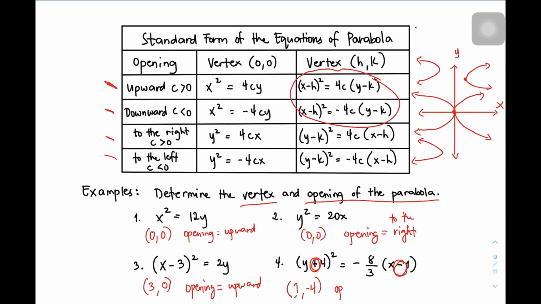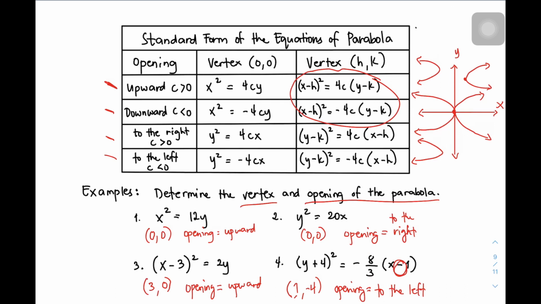And then yung for the opening, ang opening niya, siya ay to the left. Bakit kaya to the left? So, since y yung merong square, ibig sabihin, it's either left or right. Paano mo malaman if left or right? Ito ay negative, automatic, the opening is to the left.